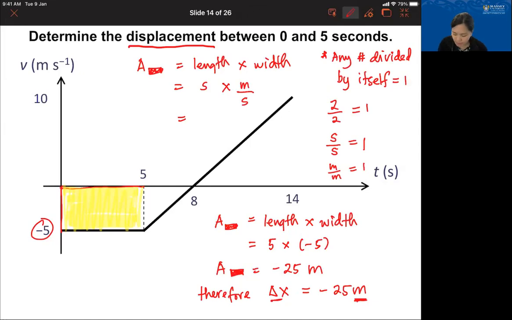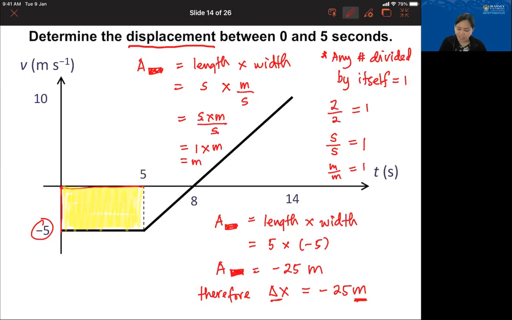And in this working out here, seconds times meters divided by seconds, you're essentially dividing seconds by itself, and that will give you 1. So that's 1 times meter. Anything multiplied with 1 is the same thing, so that will be meters.